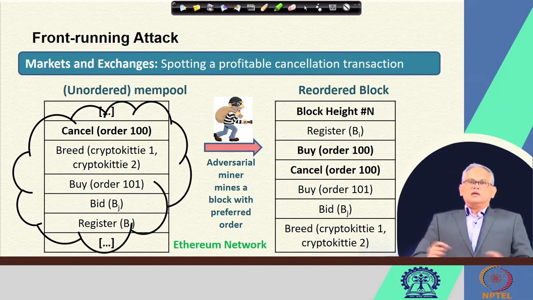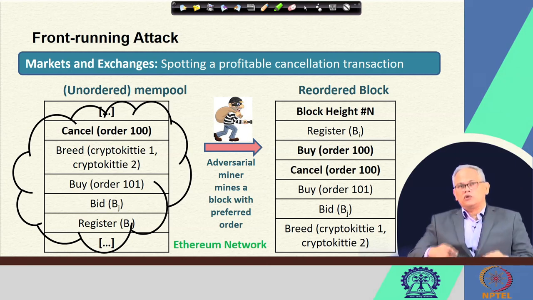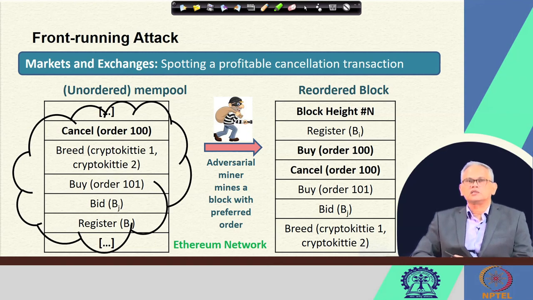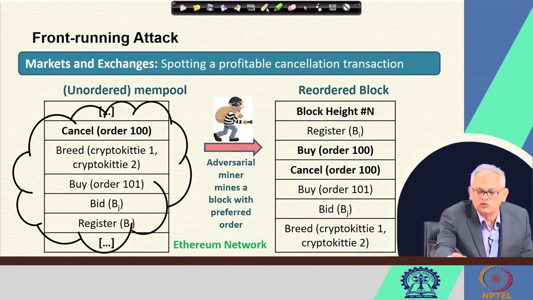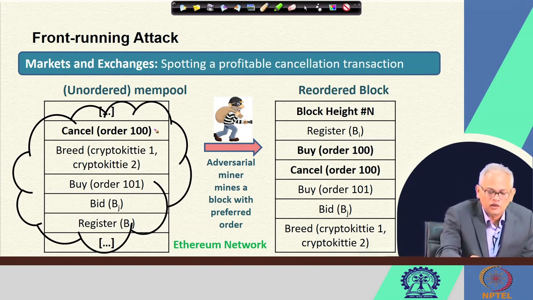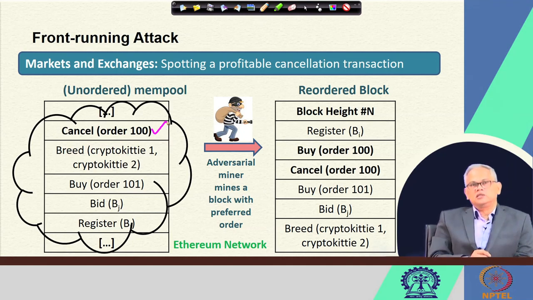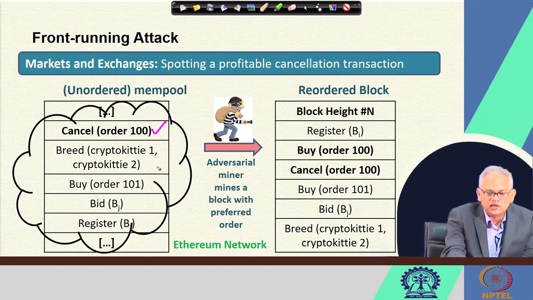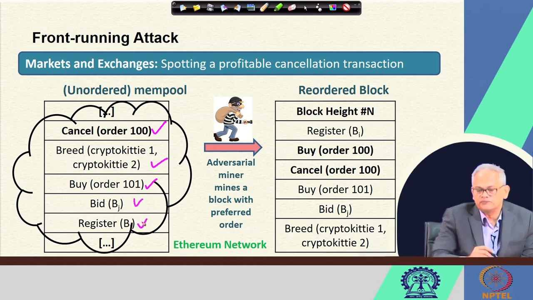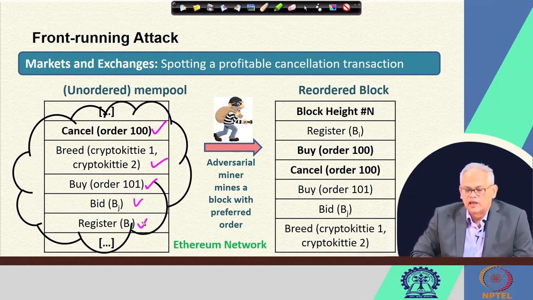So, these attackers will selectively decide which of those particular transactions will go in and in which particular order. So, we see that there were these set of transactions, and then it was followed by what is of interest to us, this particular transaction about cancelling this order, and then we had something else after this, as is shown here. And then what is happening is that the attacker sees that Alice is going to cancel the order.